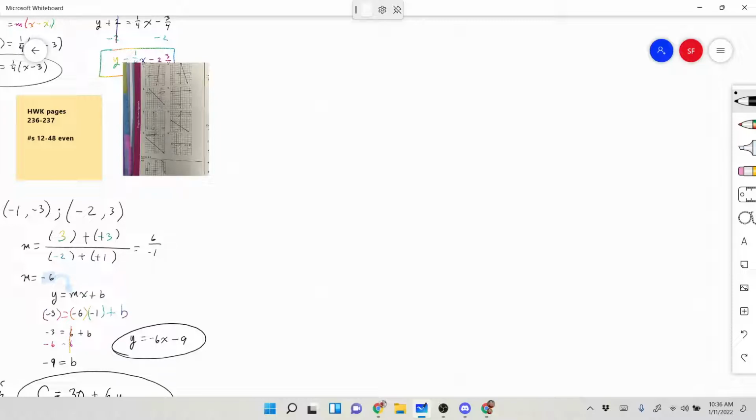And 36C is $25. 38 is 3x plus 4y equals 0. 40 is y minus 3 equals 4 times the quantity x minus 1. Number 42 is y minus 7 equals negative 4/3 times quantity x plus 3. 44 is y equals 1/2 x plus 3/2.